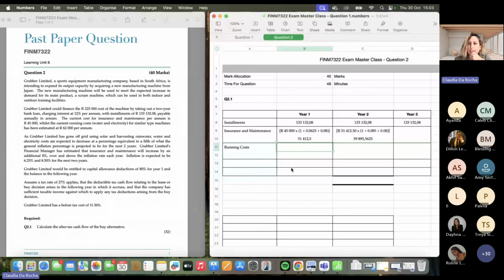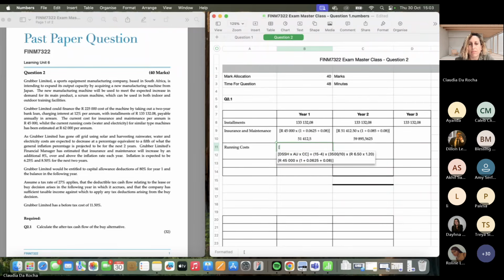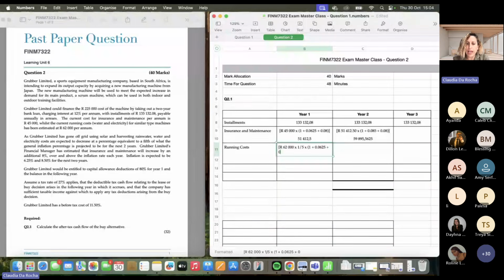So how do I calculate it? I take my 62,000. I'm going to multiply it by a fifth because that is what it's going to decrease by. I then am going to apply the inflation rate to it. And remember, I have to factor in the increase that's been happening, so I must bring that in.